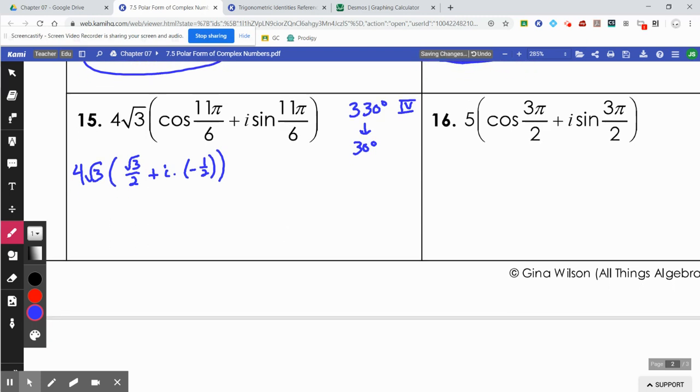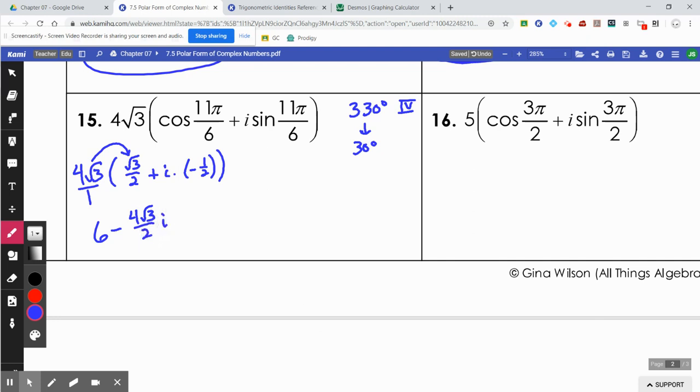Now let's distribute. 4 root 3 times root 3 over 2. When you do 4 times root 3 times root 3, it gives you 4 times 3, which is 12. So that'd be 12 over 2, or just 6. Plus, the second part actually is going to be a minus because you have a negative over there. You're going to do 4 root 3 times negative 1/2, which would be a negative 4 root 3 over 2.